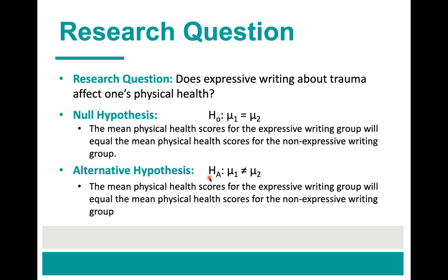And the thing that tells us whether we should move from the null to the alternative is our t-test. That's the tool that we have to tell us, do we stay with the null, in which case we had a small t-value, or do we move to support the alternative, in which case we had a large t-value?